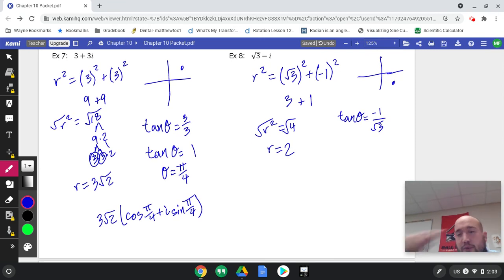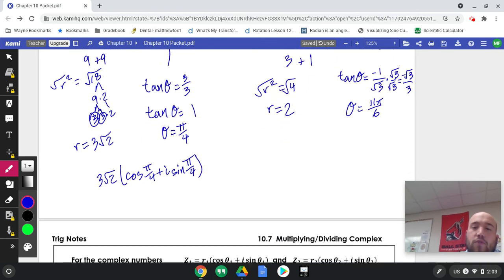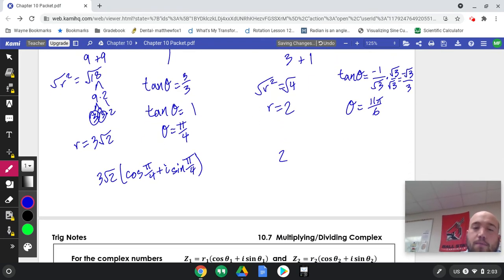Remember, we can't have a square root on the bottom, so we're going to rationalize the denominator, and we'll get negative square root of 3 on top over 3 on the bottom. Okay, when we look, hopefully you see that at theta equals 11 pi over 6. Almost done. All we got to do now, write it out, and we're done.